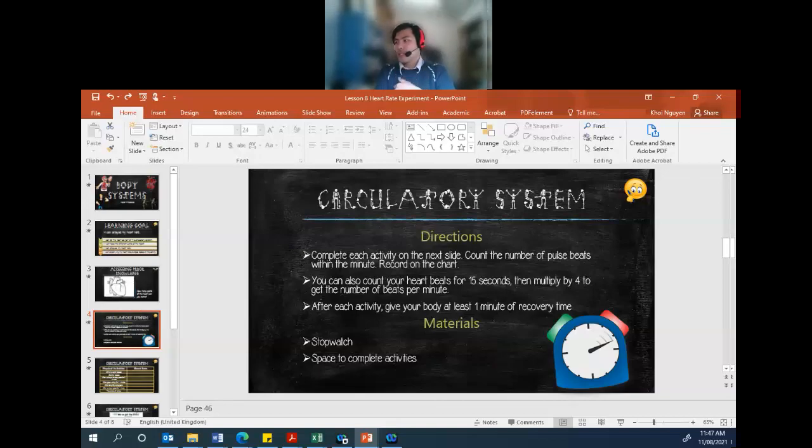It says that once you've completed the activity, you count the number of pulse beats within the minute. For those who don't know how to measure your heart rate, if you've got a smart watch, I think it has a function that can measure your heart rate.